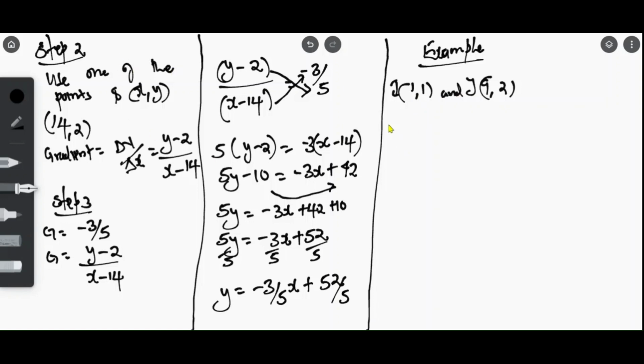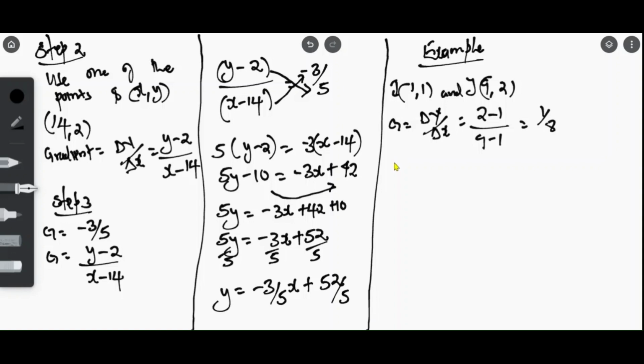The first step we said is finding gradient. So gradient is equals to change in y all over change in x. I'll begin with this one. This is y2 minus y1. So 2 minus 1 all over 9 minus 1. This is same as 1 all over 8. So I've gotten the gradient there.